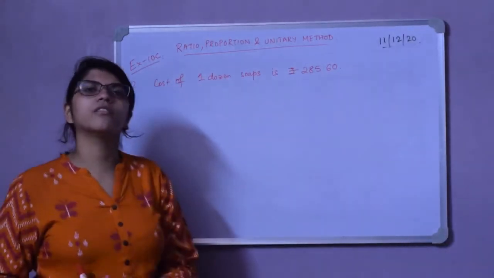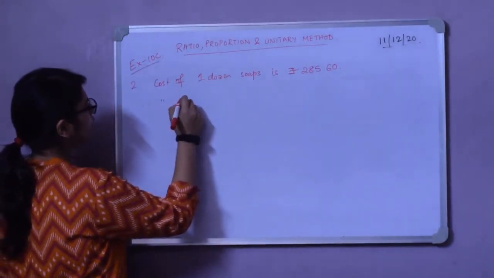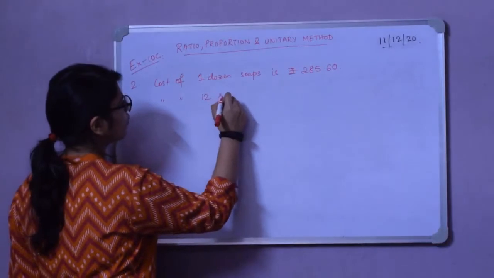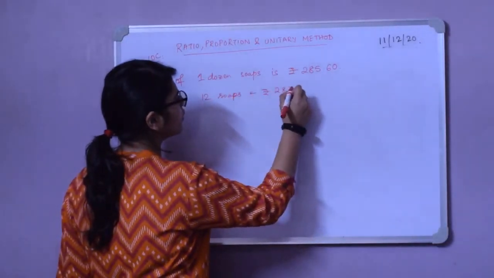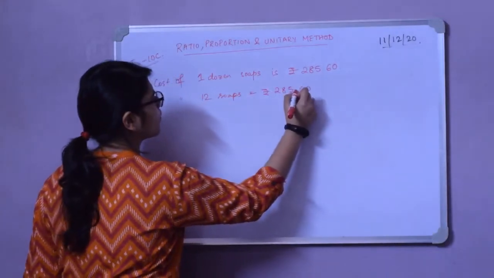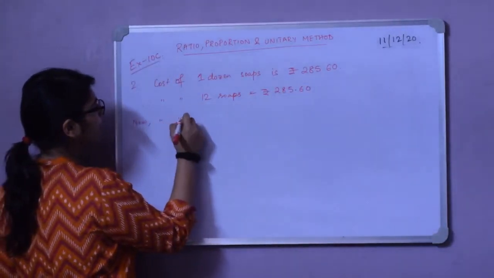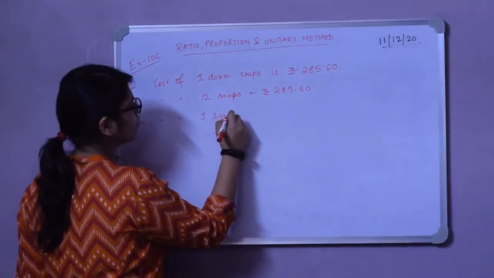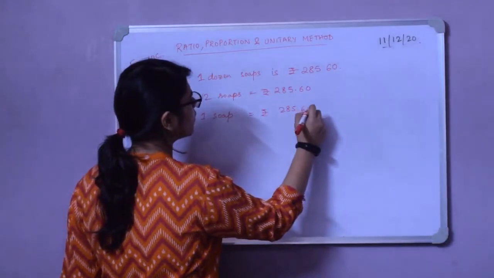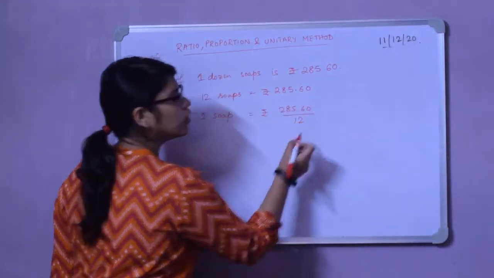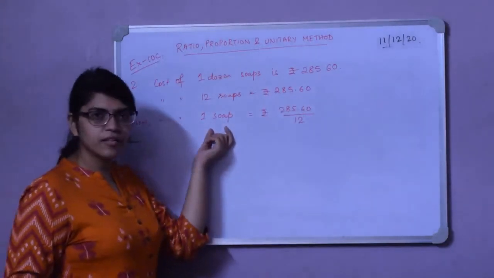So we have to find the cost of 1 soap. Therefore, cost of 12 soaps equals rupees 285.60. So the cost of 1 soap is 285.60 divided by 12, because 12 soaps cost this much, so 1 soap will cost less.